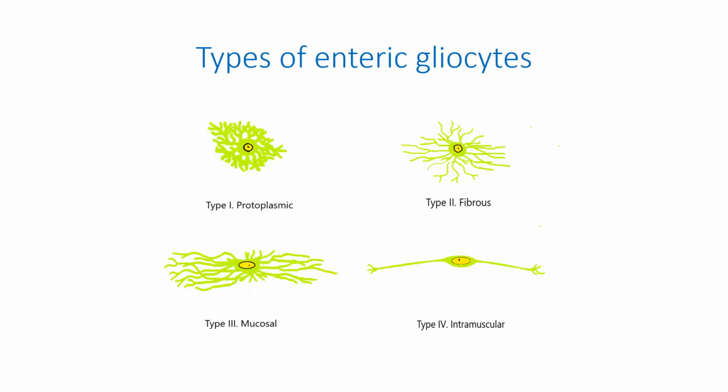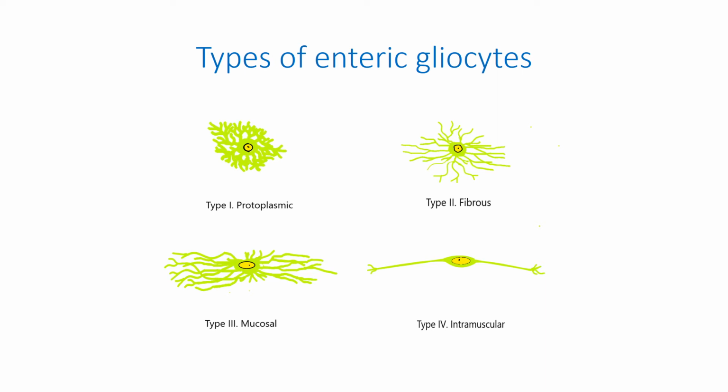Attempts have been made to classify various types of enteric glia sites based on morphological differences. A unique classification for glial populations based on morphological differences between the enteric glia was proposed. While some enteric glia sites and protoplasmic astrocytes are similar due to the presence of short, irregularly branched processes, these glia sites were named protoplasmic or type 1 enteric glia sites.